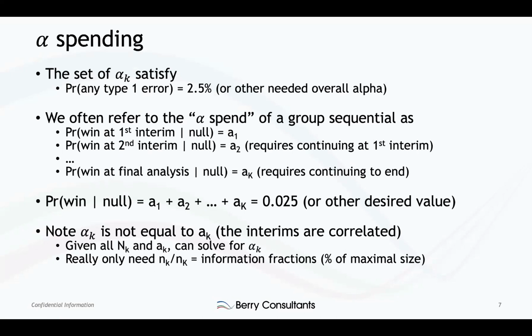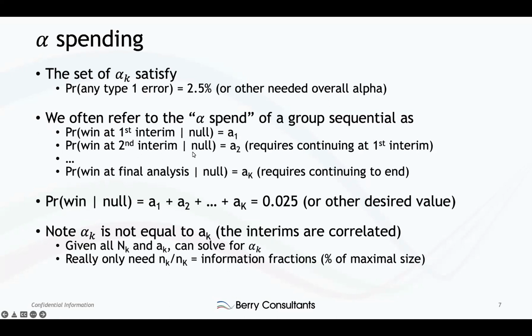Okay. So a lot of times in practice, instead of directly picking these alpha K values, what we will do is pick the alpha spend. We will formulate this problem in terms of, what's the probability we win at the first interim given the null? Let's give this a value A1.